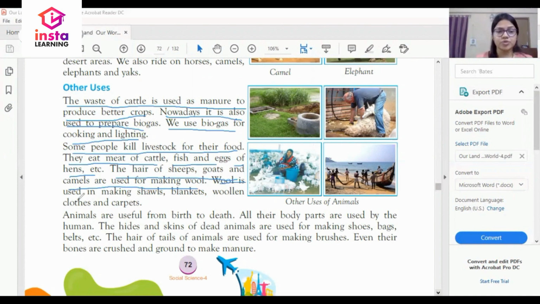Wool is used in making shawls, blankets, woollen cloths, and carpets. Animals are useful from birth to death. All their body parts are used by humans. The hides and skins of dead animals are used for making shoes, bags, and belts.